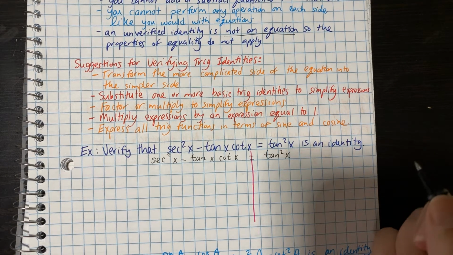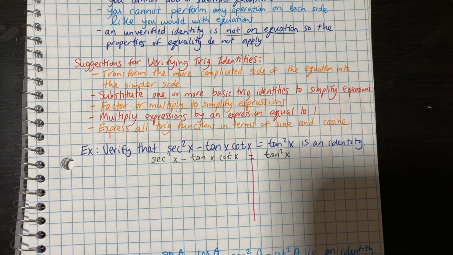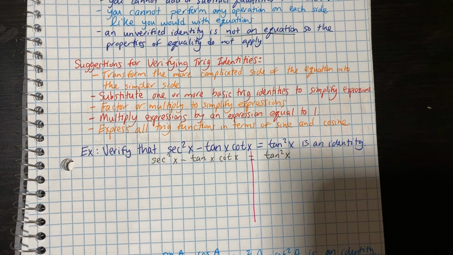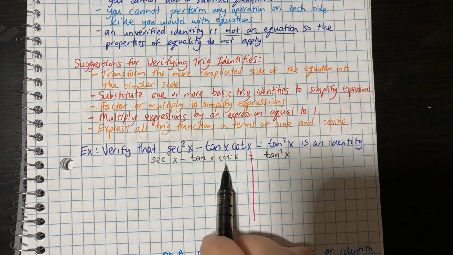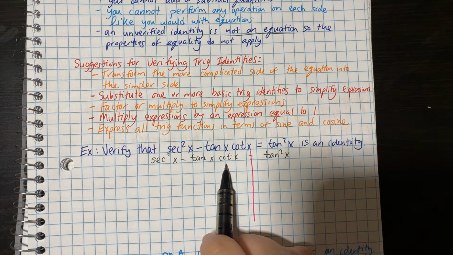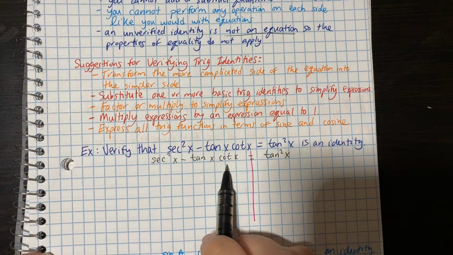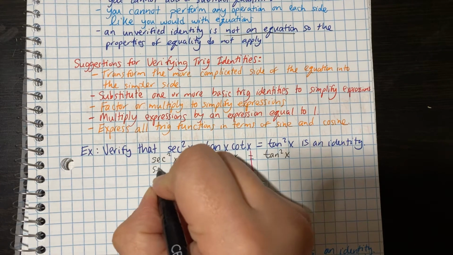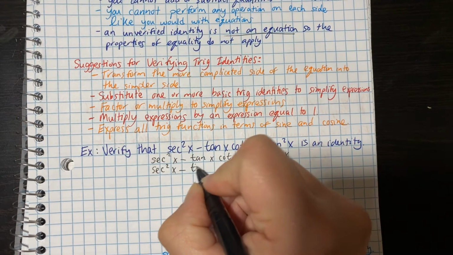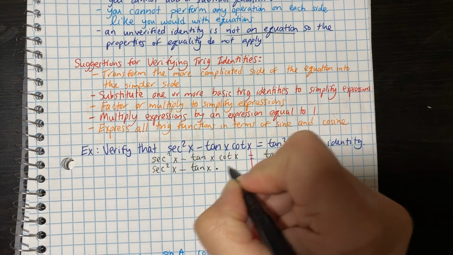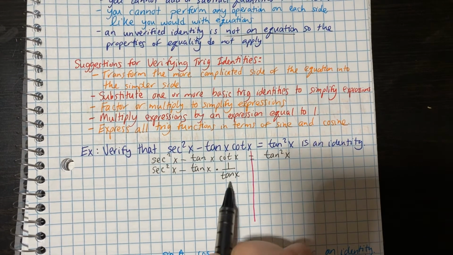I'll start manipulating and moving things around. So right here I have tangent of x and cotangent of x. Could I replace cotan of x with 1 over tan of x? That was one of our identities. So secant squared of x minus tan of x times 1 over tan of x, because these two are equal.